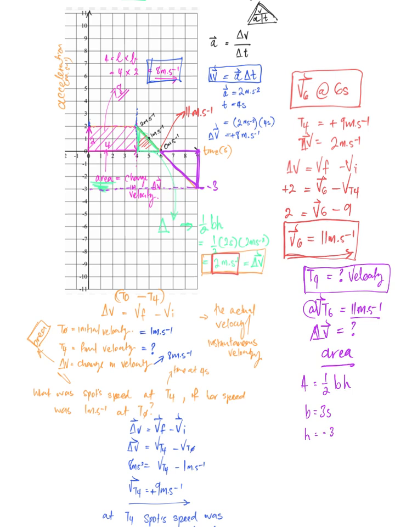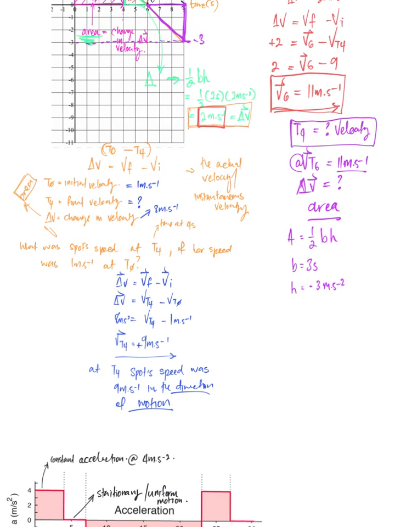So the height is now -3 meters per second squared. So let's put that into the formula. A is equal to half times 3 times -3, and I'm going to get negative 4.5 meters per second. That's what we're going to end up with.